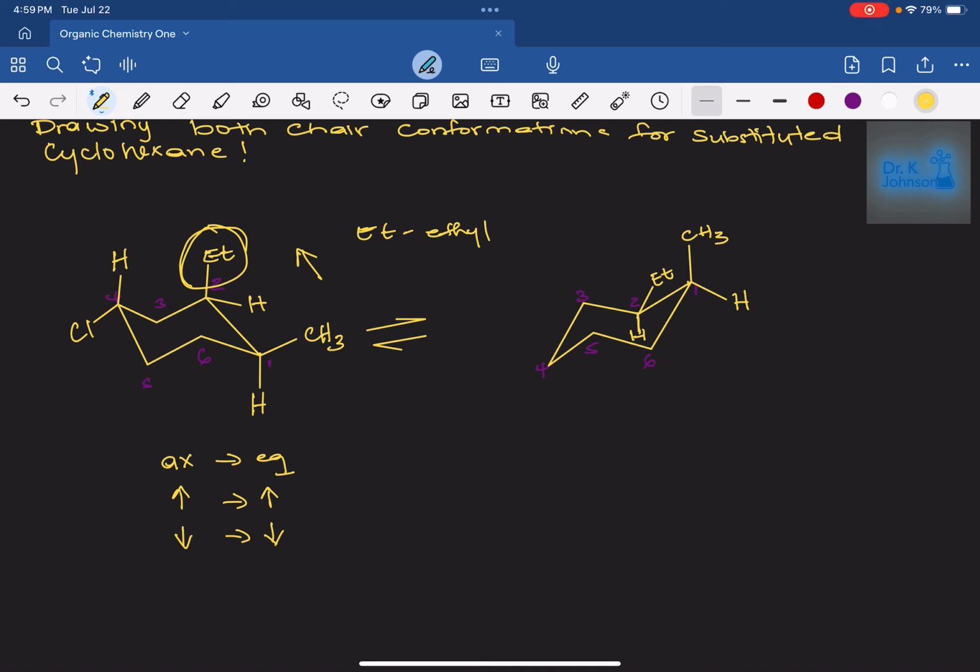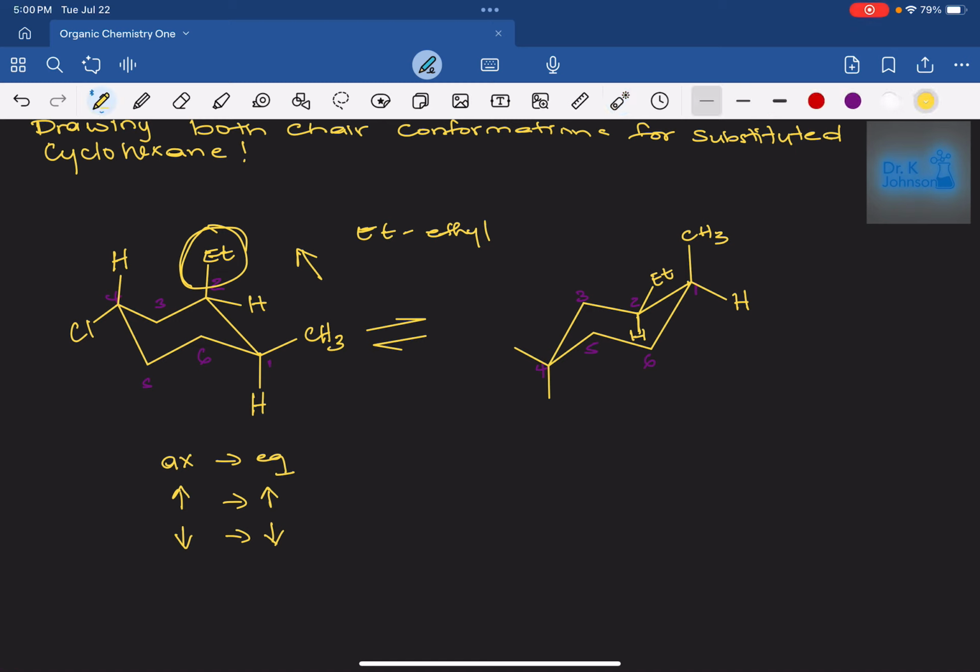Let's find carbon number 4. Carbon 4, where the nose dipped. Here's 4. On 4, I can always put my bonds. The axial bond points down, equatorial points up. Over here, my hydrogen is what's up and it's in the axial position.